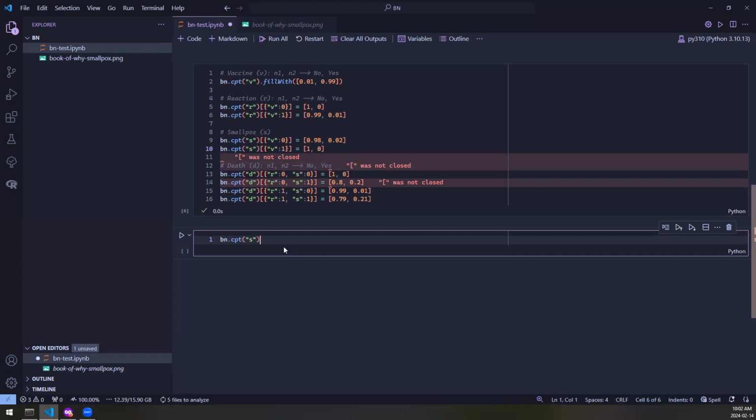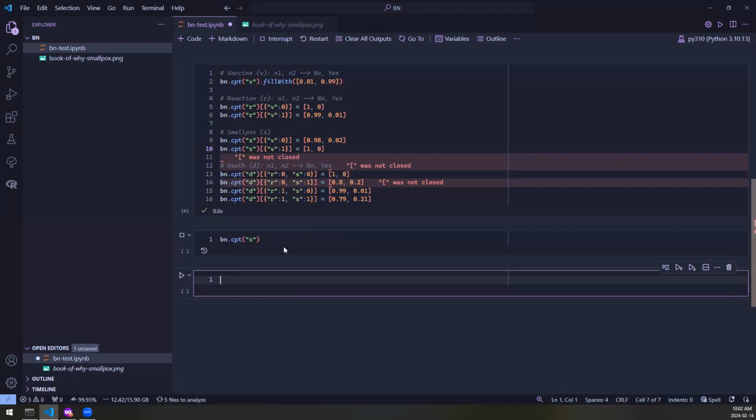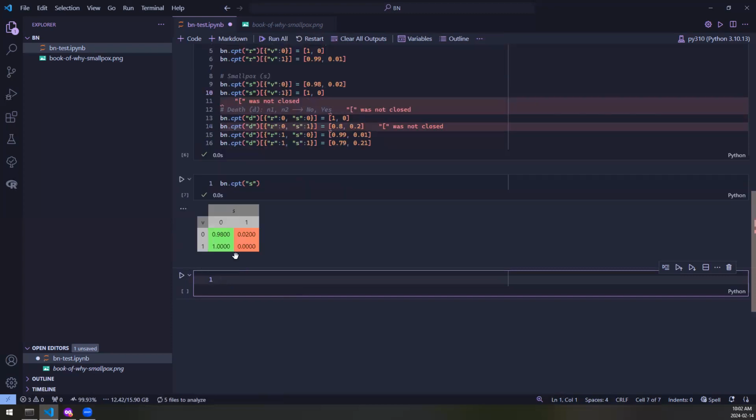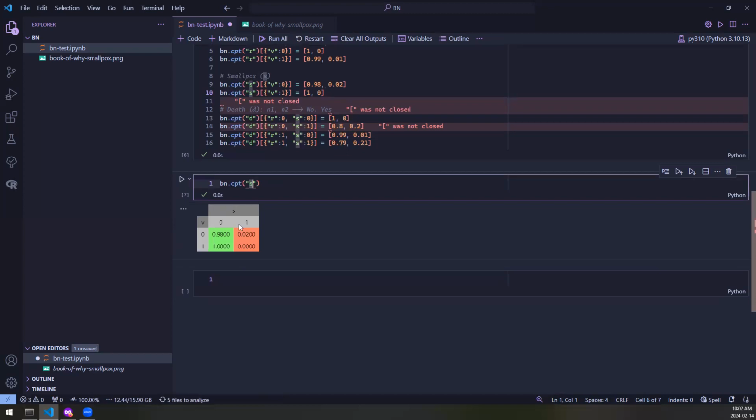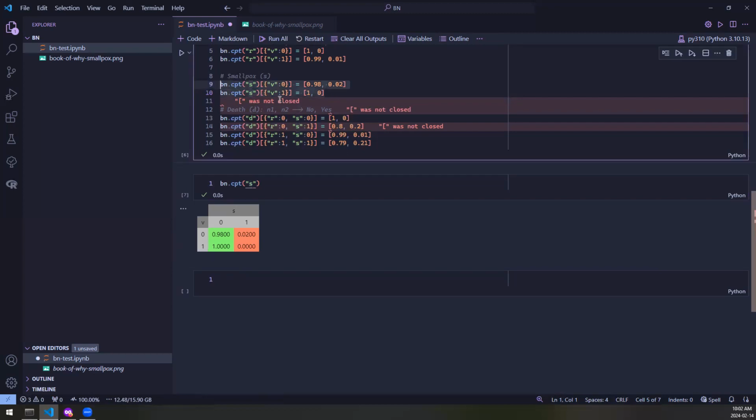You can type just bn.cpt. So it's going to return to us the graphical representation, the table related to the smallpox variable. So it shows all the 4 numbers we inserted over here. Okay, so this can actually be kind of a sanity check where we check the numbers you just input.